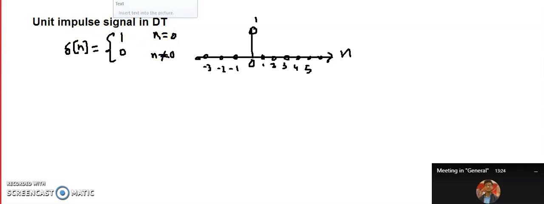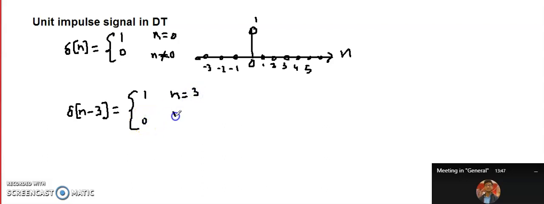And if we wish to draw its shifted version, suppose we wish to define delta n minus 3. So it will be 1 when n is equal to 3 and 0 when n is not equal to 3.